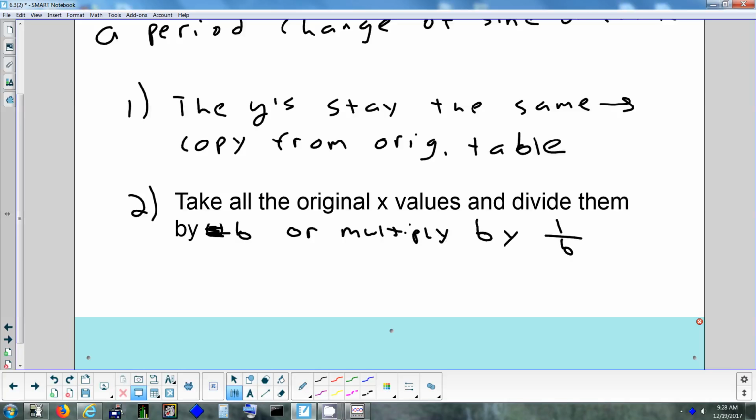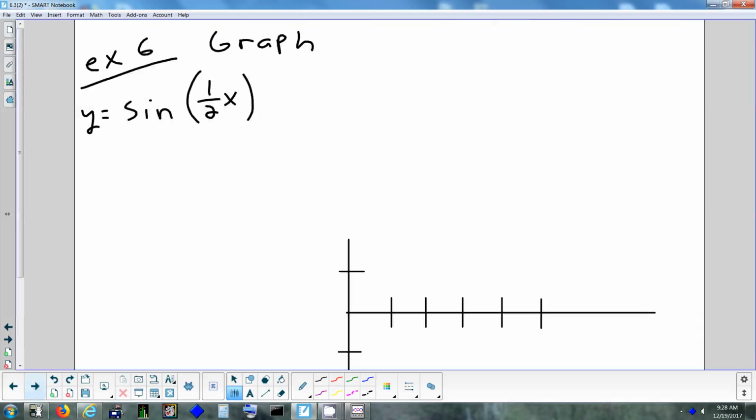I mean, we still have to simplify, but at least if we can avoid that, that's good. So take the original x's and divide by B, or think about it as multiplying by the reciprocal. Okay, this is a problem where you definitely want to think about it as multiplying by the reciprocal. Because if you don't, you're going to get fractions over fractions.